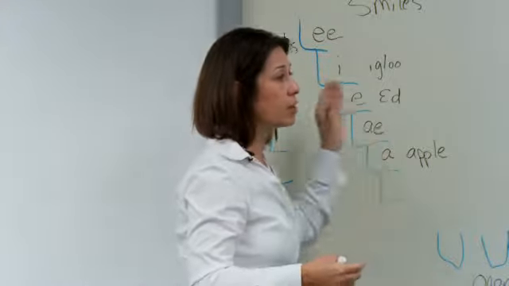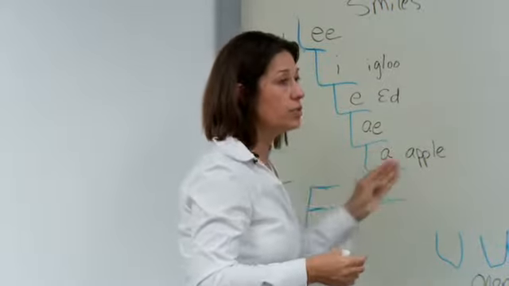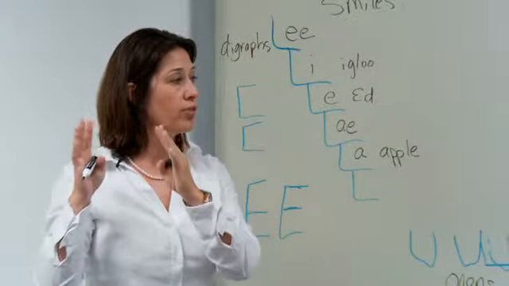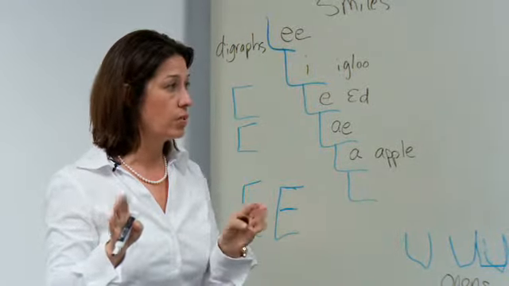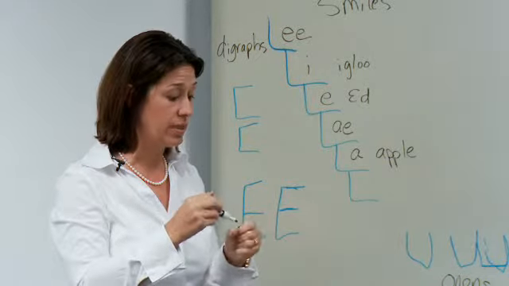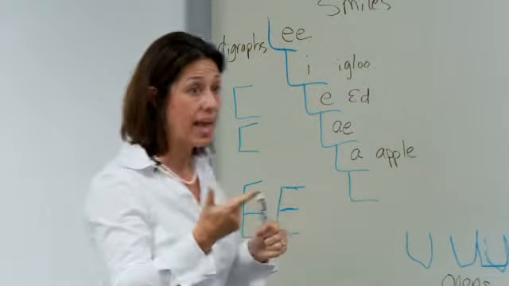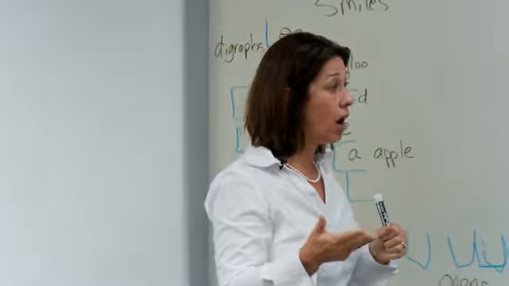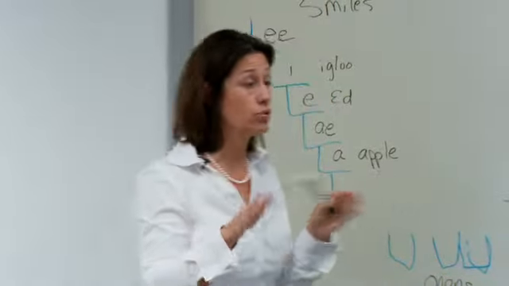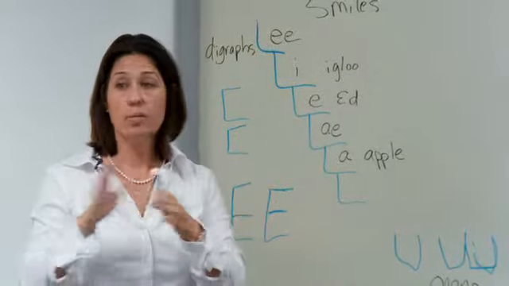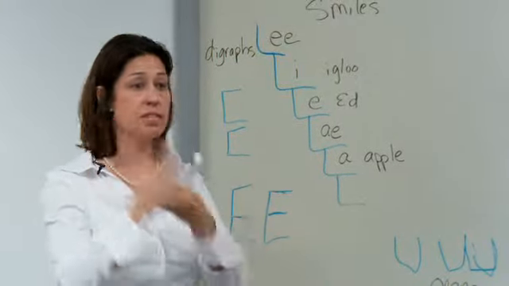One thing I highly recommend is when you introduce vowels, always start off with your 5 vowel sounds, short vowel sounds only. Only focus on short vowel sounds, and only do words that have those short vowel sounds. Don't do any long vowel sounds, because as adults, they've heard all of these different vowel sounds.